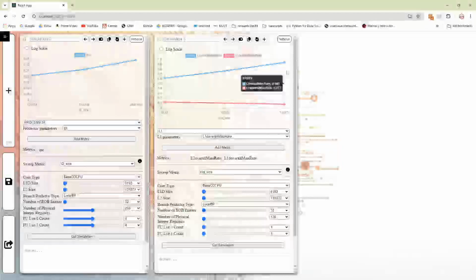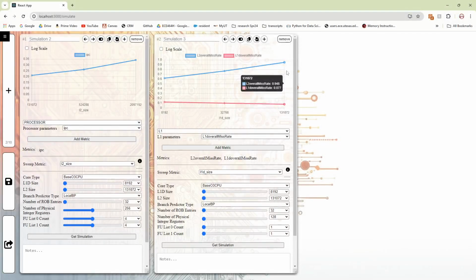And so now when you eventually miss on the L1 and go to the L2, that potential data is less likely to be in the L2 because of this relatively higher eviction rate. And so consequently, the L2 will have a higher miss rate as you're increasing the L1 cache size.